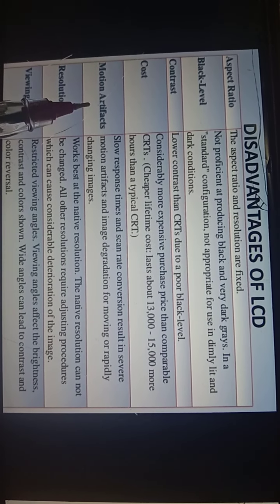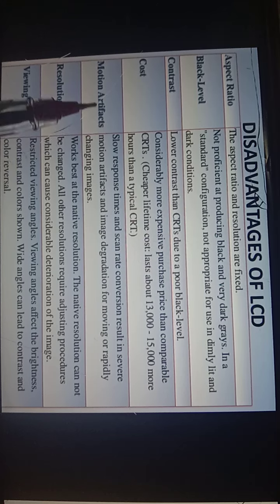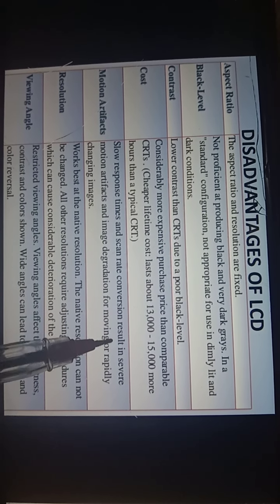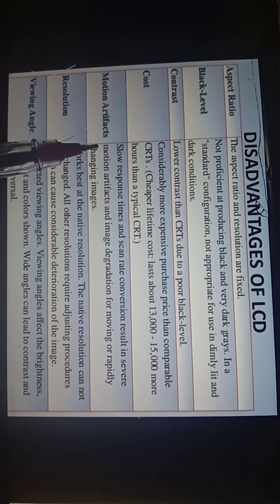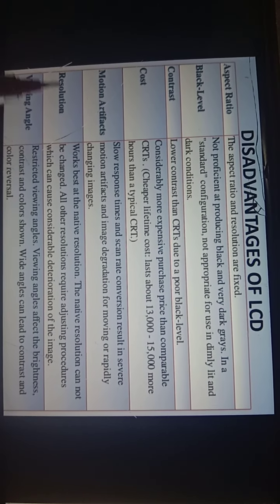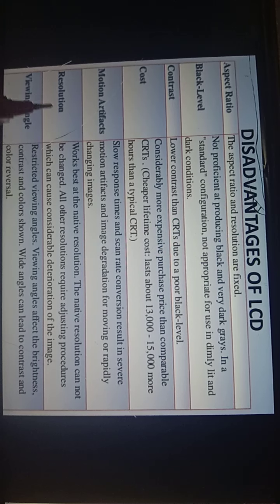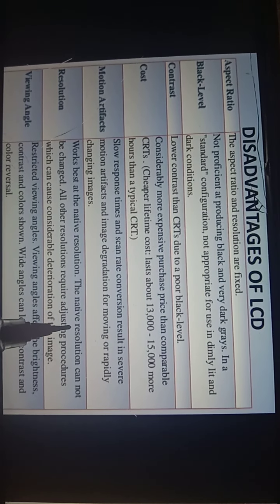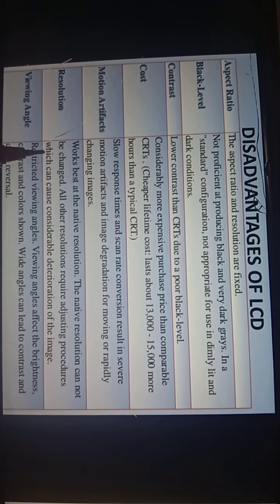Motion artifacts: slow response times and scan rate conversion result in motion artifacts and image degradation for moving or rapidly changing images. Resolution: works best at the native resolution. The native resolution cannot be changed.